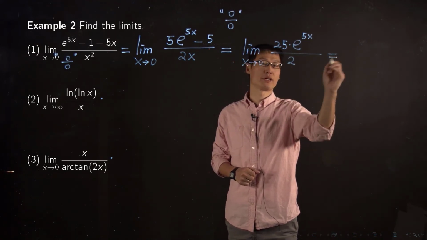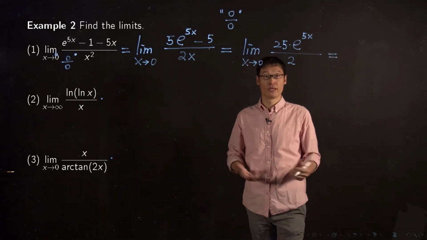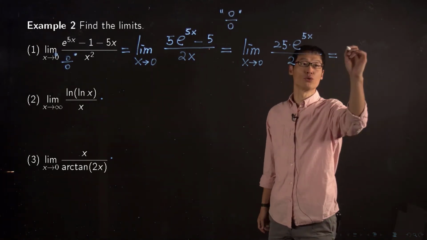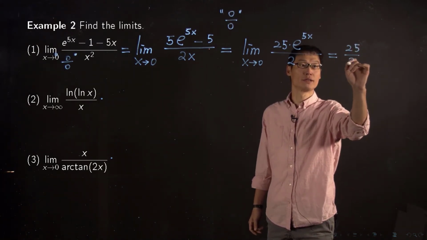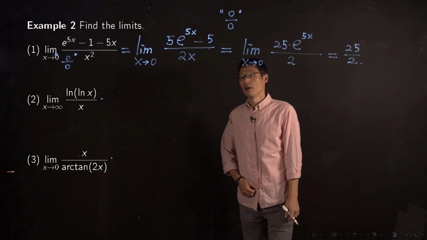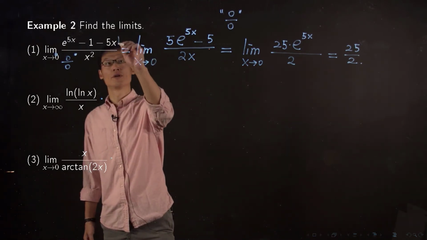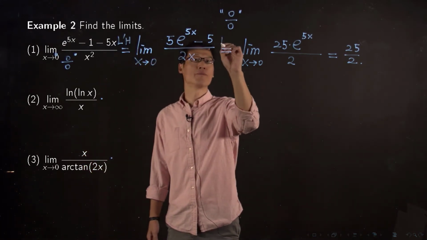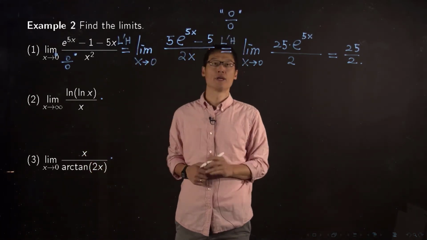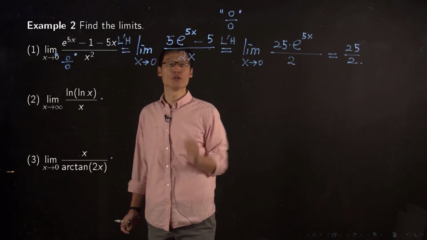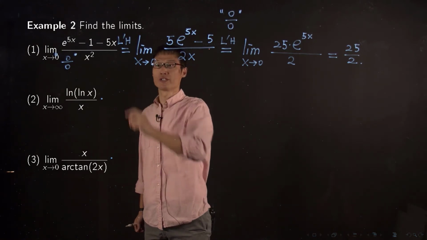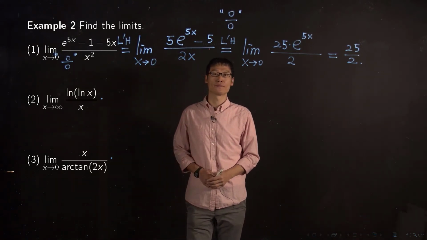We are ready to plug in to get the limit. Well, 25 over 2 is the limit. When you write down your solution, it's a good idea to indicate which theorem you are using. So you simply put L'Hopital's rule to say those equalities are based on L'Hopital's rule.